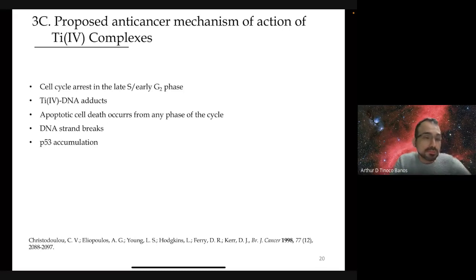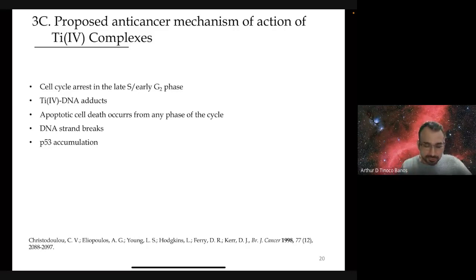But what was observed from these compounds are the following in terms of some mechanistic insight. The compounds have the ability to arrest the cell cycle in the late S and early G2 phase. There were suggestions of titanium being able to form DNA adducts, and also an observation of apoptotic cell death being induced at any phase of the cell cycle.